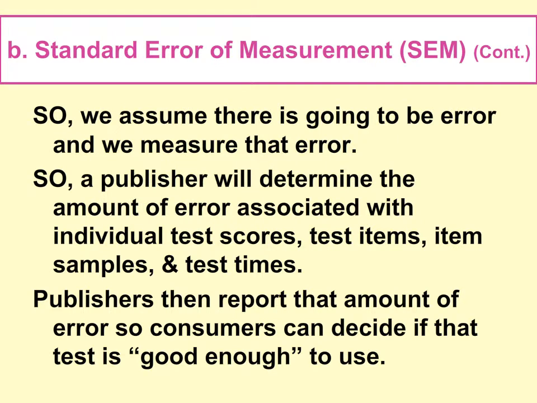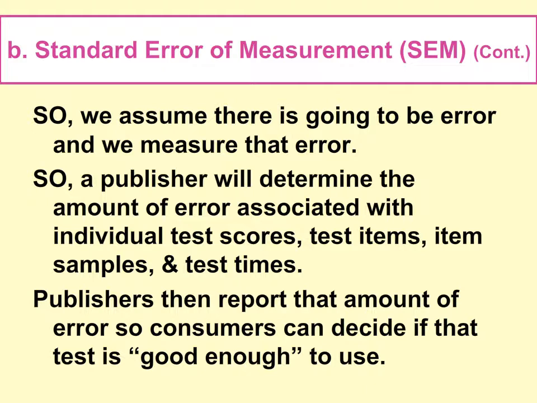So, we assume there is going to be error and we measure that error. A publisher will determine the amount of error associated with individual test scores, test items, item samples, and test times.